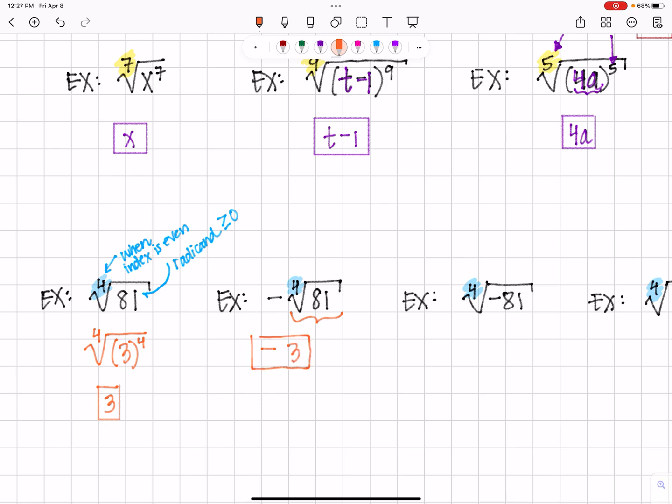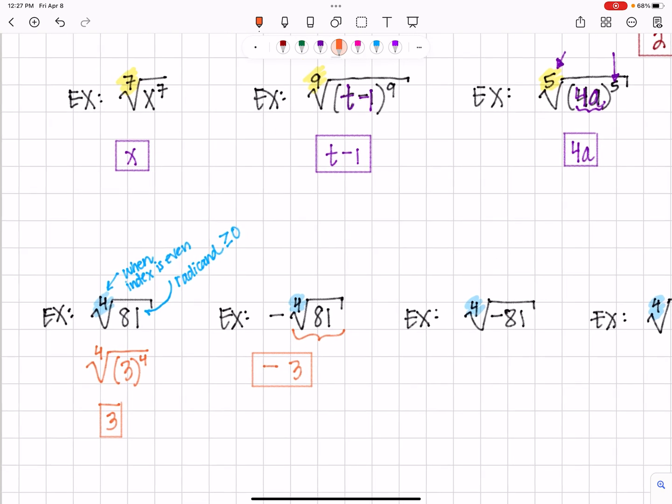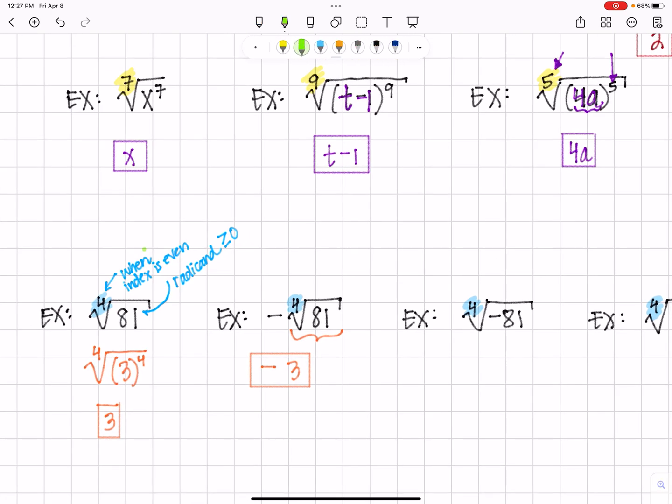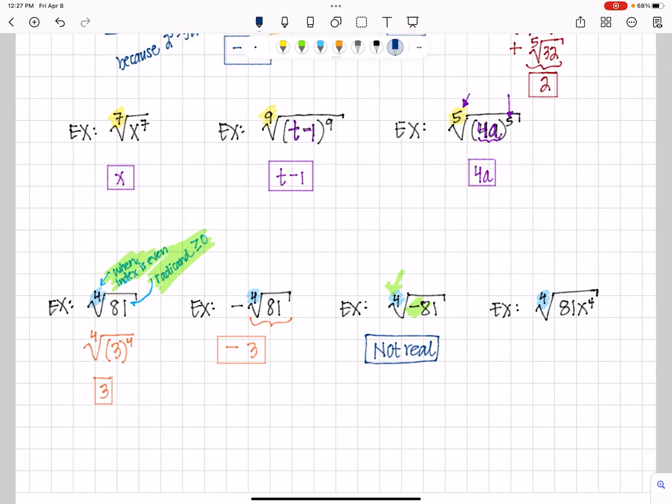That gives us a negative 3. The 4th root of negative 81, and that's where this occurs now. When the index is even, the radicand cannot be negative. Therefore, this is not real. So that answer right there is not real.